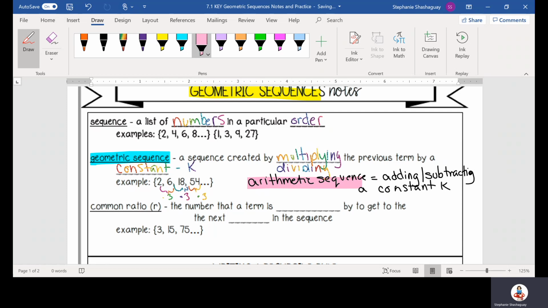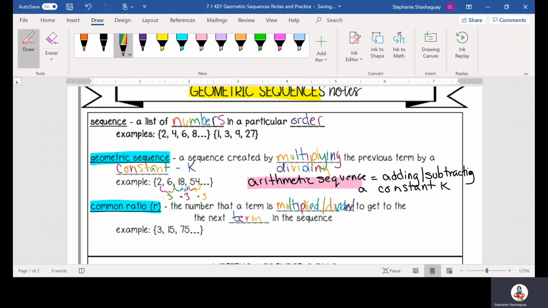Okay, a common ratio refers to geometric sequences, and that's the number that a term is multiplied or divided by to get the next term in the sequence.